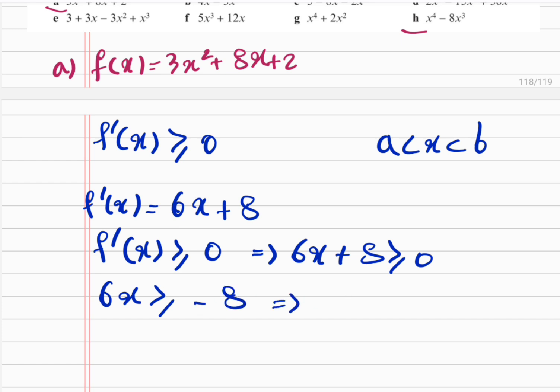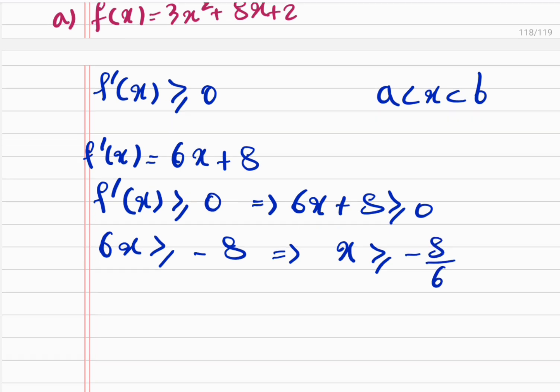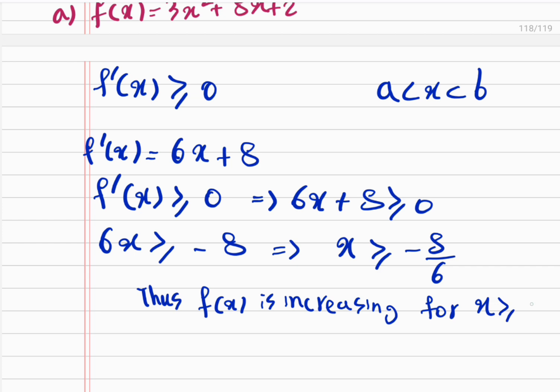Then dividing both sides by 6, we get x is greater or equal to minus 8 over 6. So thus f of x is increasing for x greater or equal to minus 8 over 6.